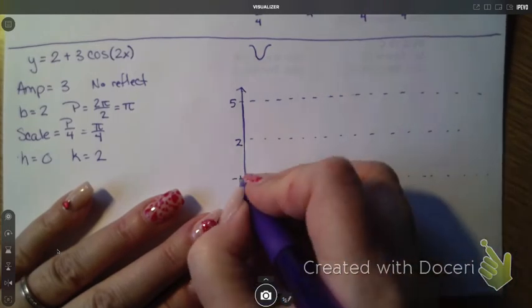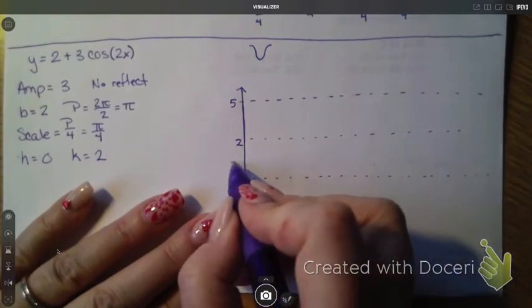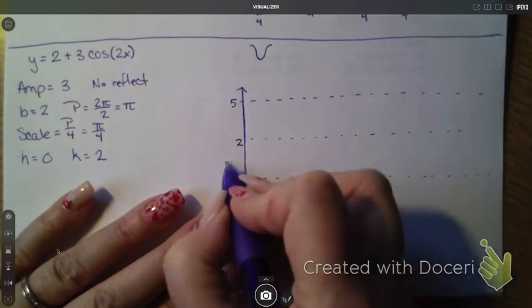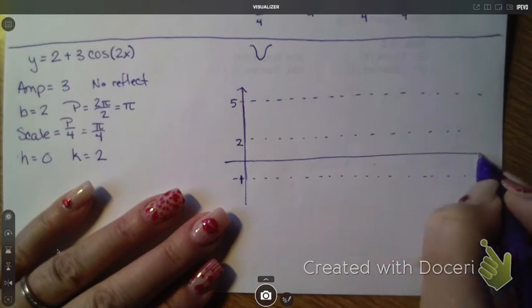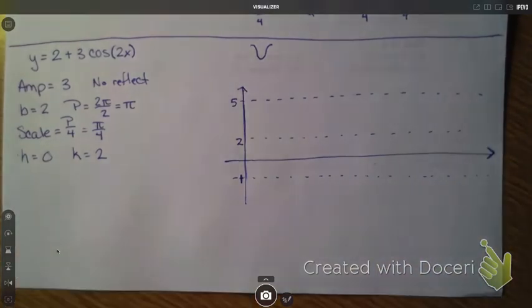So negative 1. So my x-axis goes right there. If I'm going to be on both sides, I don't usually put my x-axis till I know, just like I didn't put my y-axis till I knew where it went.